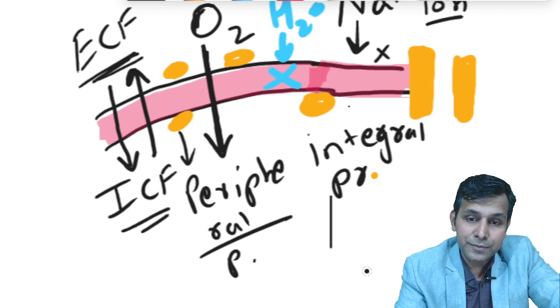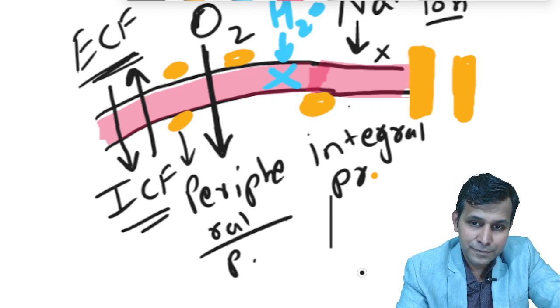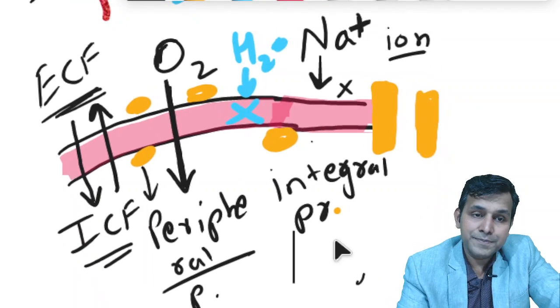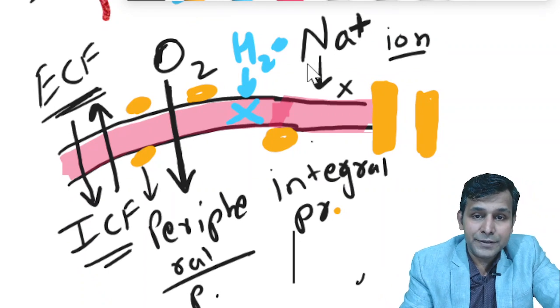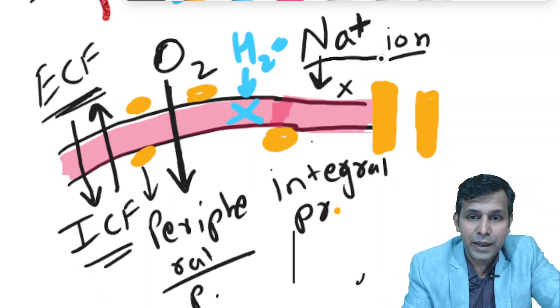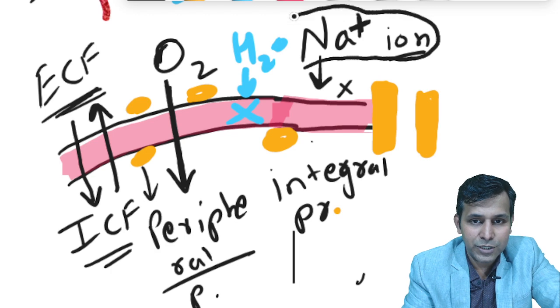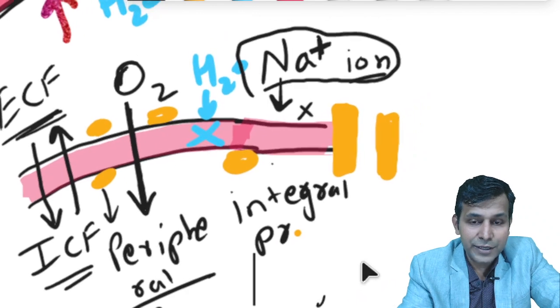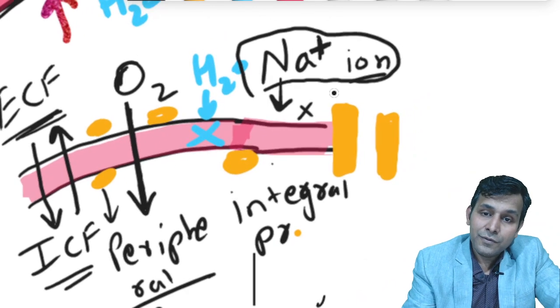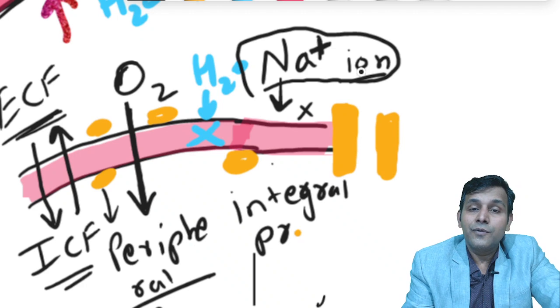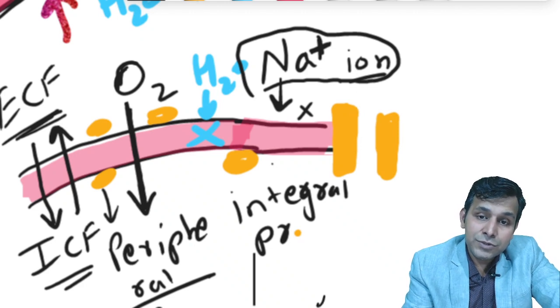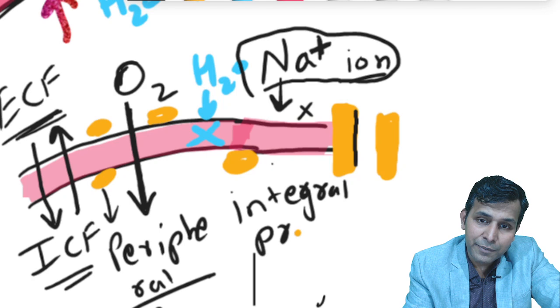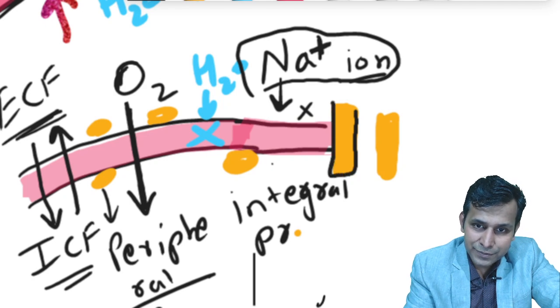Now what about sodium? Sodium is an ion. So sodium cannot cross the lipid bilayer directly. So what should we do? In such a case, sodium will have a channel which is specifically made for the sodium ion.